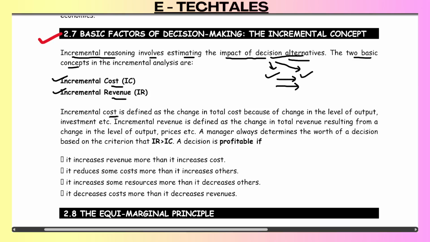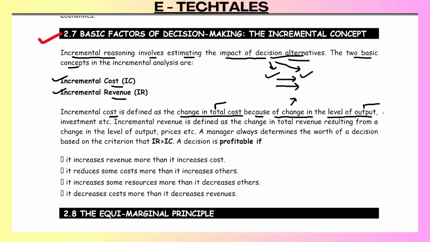The incremental cost is defined as the change in total cost because of a change in level of output. So when there is a change in level of output, the total cost also changes. This incremental change is called incremental cost.